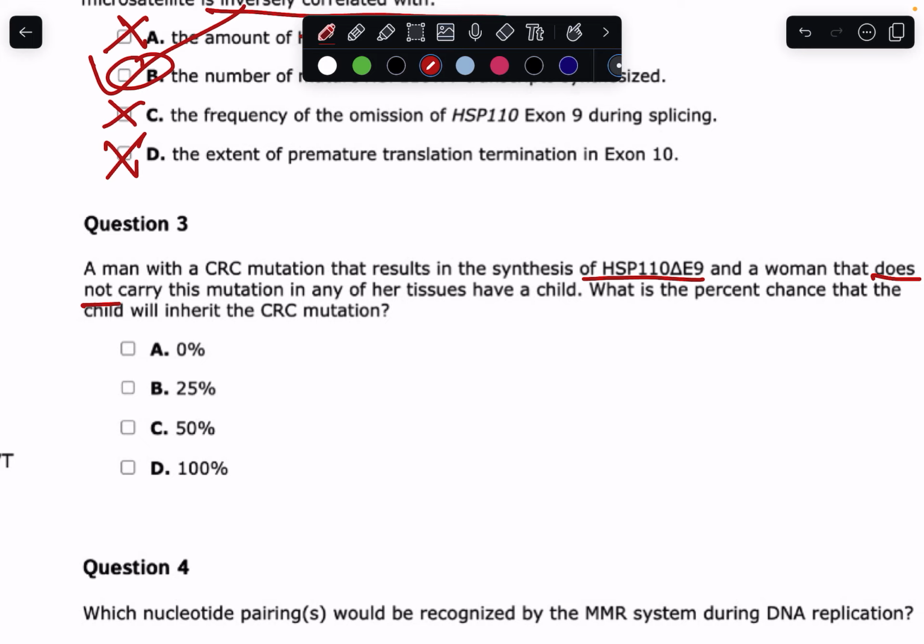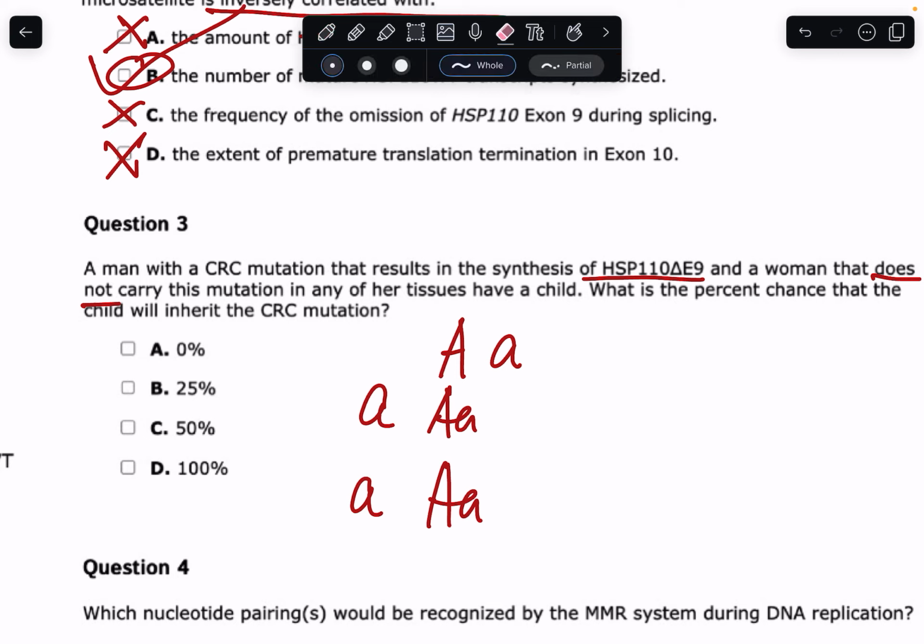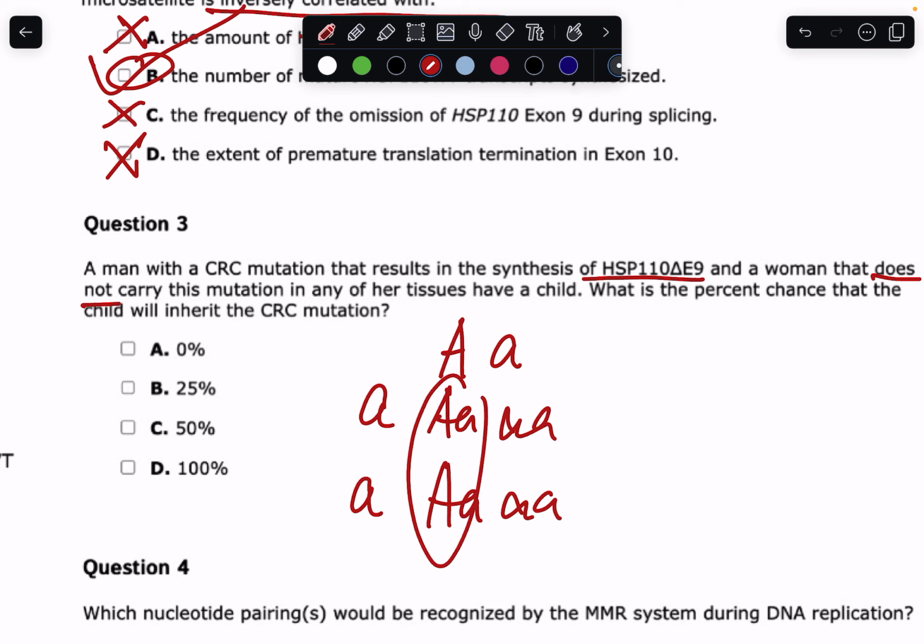If you're not a super experienced MCAT test taker, you might struggle with the Punnett square now. You're going to say, okay, the father is probably Aa and the mom is aa, and then you do this to figure out there's a 50%, and then you really want to choose C, right?